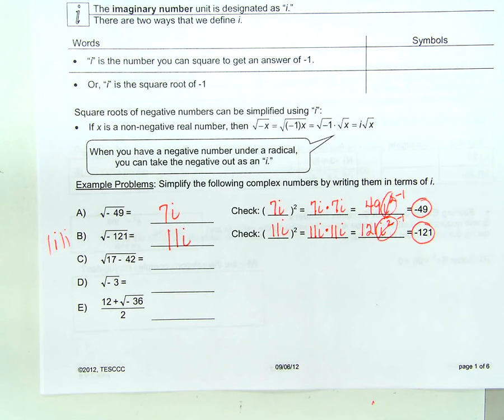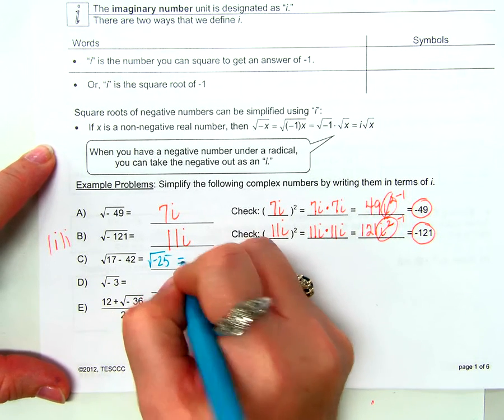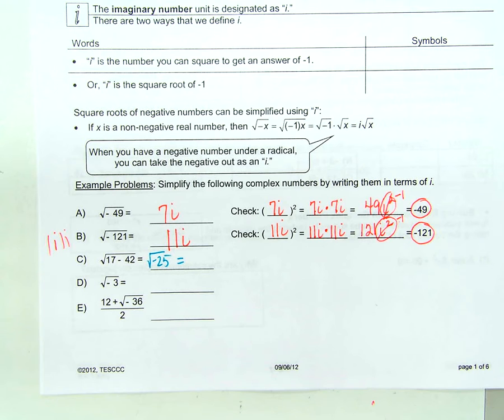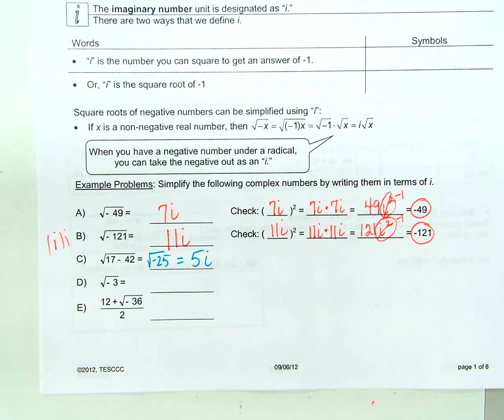Negative 25. So this equals the square root of negative 25. And what is the square root of negative 25? 5i. Okay?